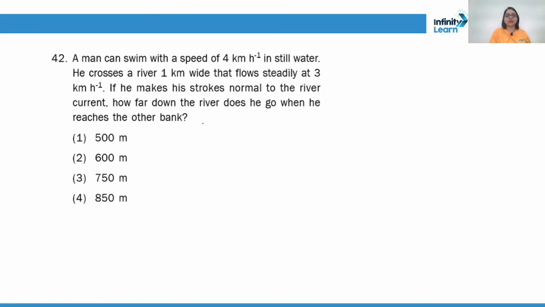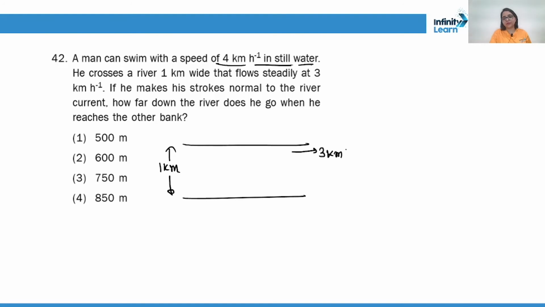Question number 42. A man can swim with a speed of 4 km per hour in still water. So velocity of man with respect to river is given as 4 km per hour. He crosses a 1 kilometer wide river that flows steadily at 3 km per hour.